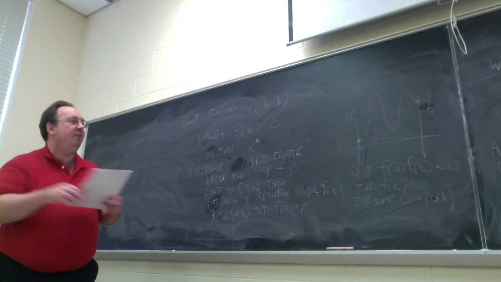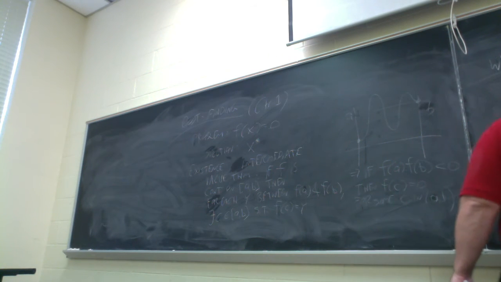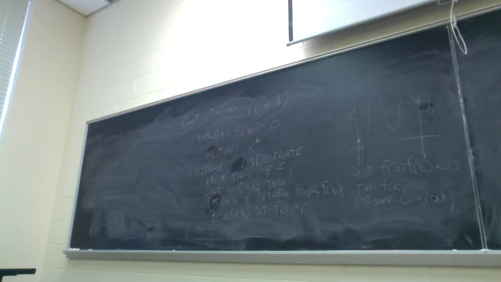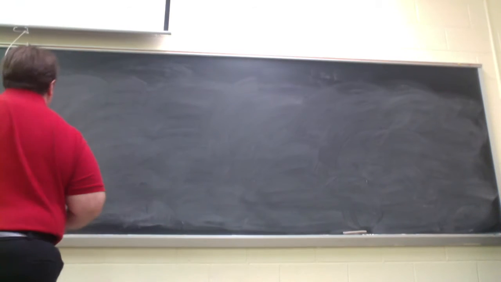Now, there is another result that is about existence and uniqueness of a root. And to set this up, instead of just stating the actual results, I'll start with a simple case.